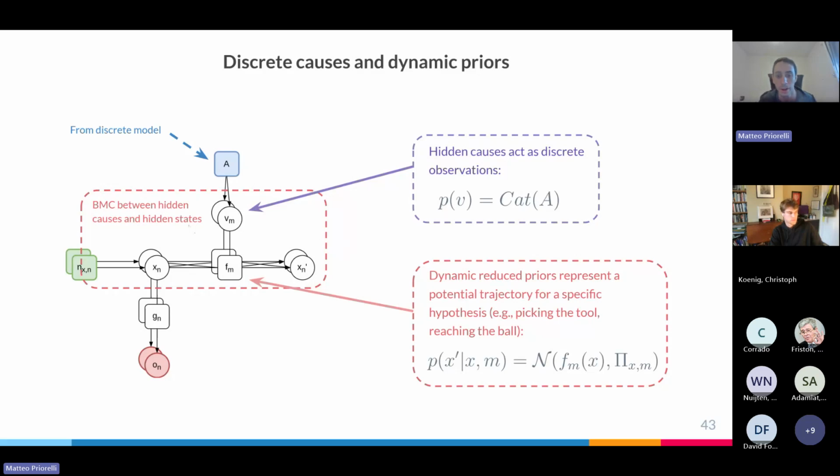And second, we can now use the dynamics functions that I defined before to update the reduced probability distributions. And these dynamic reduced priors of the agent can be updated over time, so that they can represent not just static positions, but some potential trajectories for some discrete hypotheses. So they can encode a tool picking action or a ball reaching action.